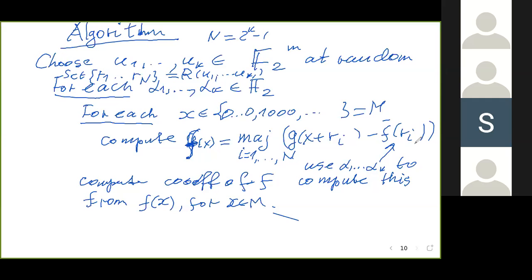If at least one of them is wrong, we will obtain a wrong answer. And finally, once we have computed those coefficients, we include them in the output list.